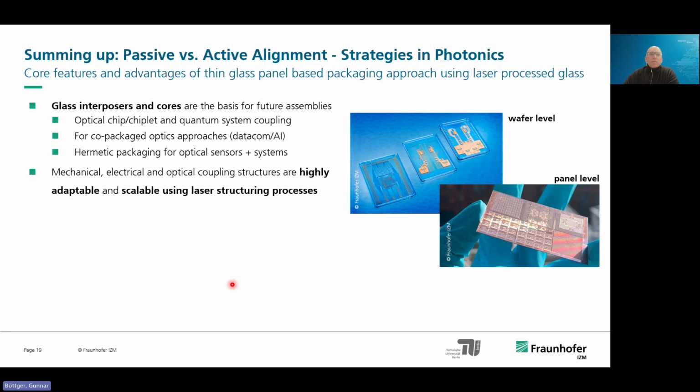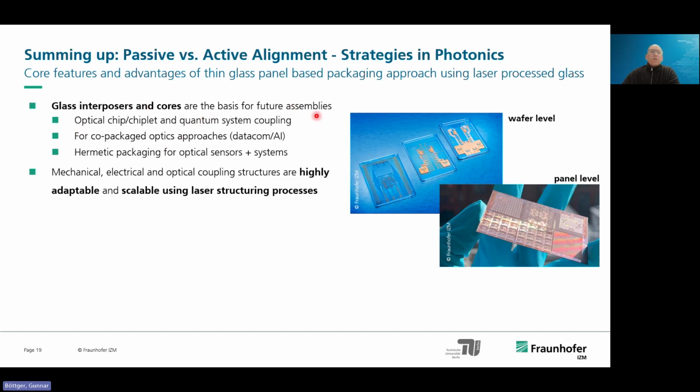So I would like to sum up passive versus active alignment. I hope I could show you some approaches, some limitations possibly, but some new perspectives in putting together optical systems. The core elements are glass interposers or glass cores.